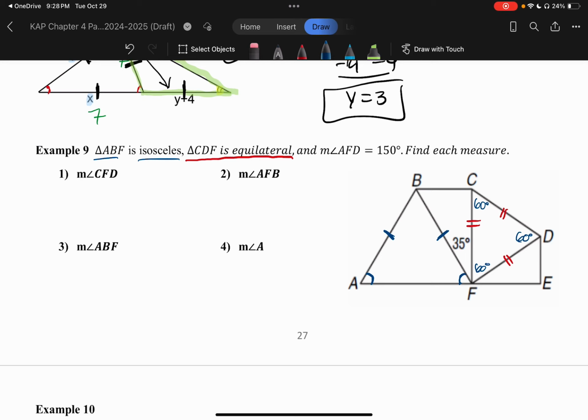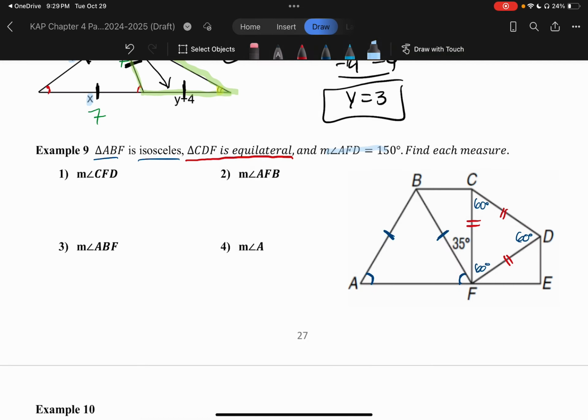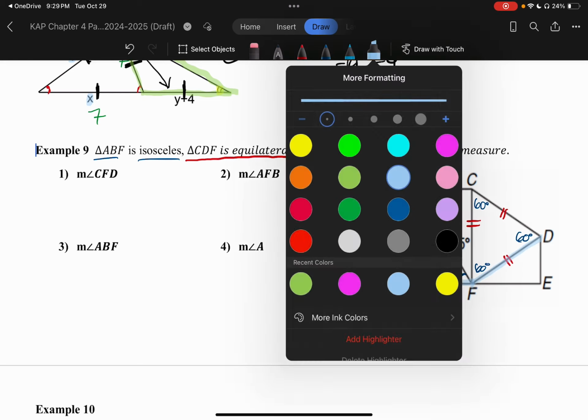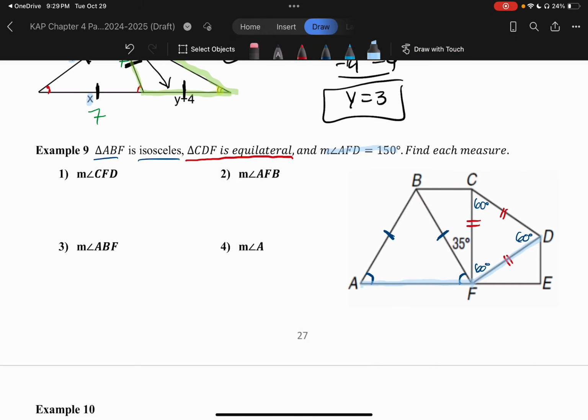And then they're also telling you that the measure of angle AFD, and I'm going to do this in a highlighter because we got some overlapping going on here. So AFD is 150. AFD is this angle right here, okay? From here to here, it's 150.